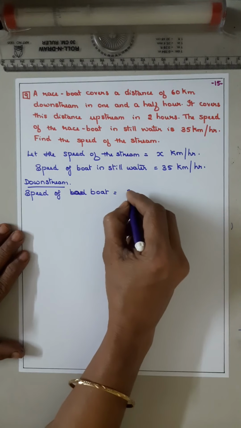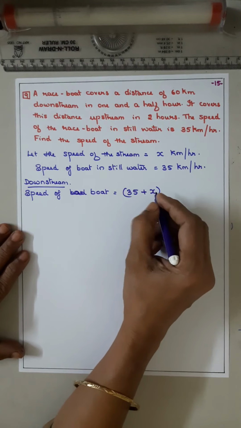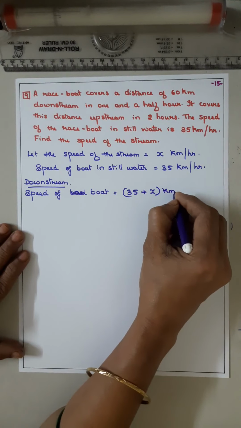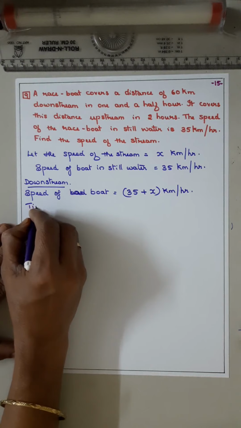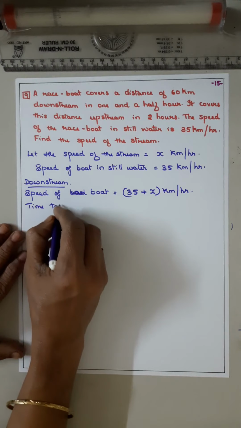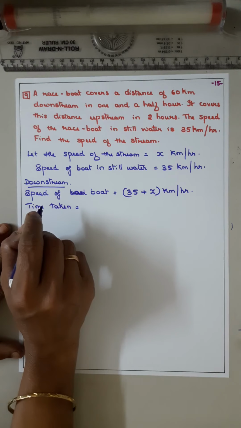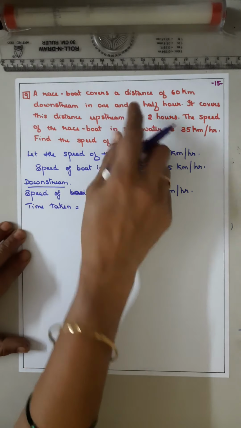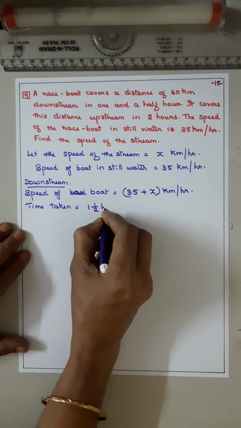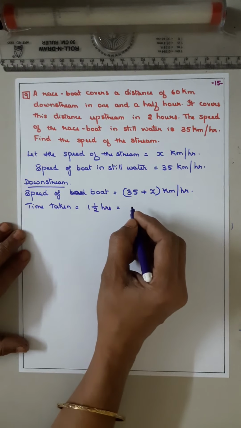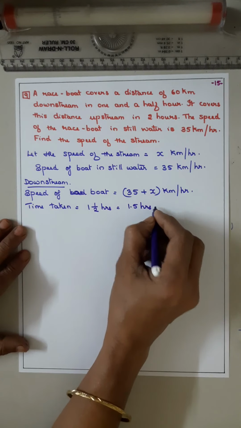Boat is how much? 35 plus x kilometer per hour. Now, time taken. Time taken is how much? 1.5 hours. You take 1.5 hours.